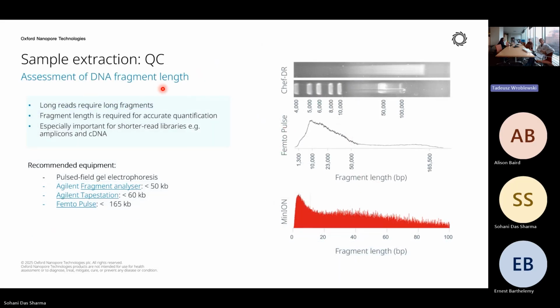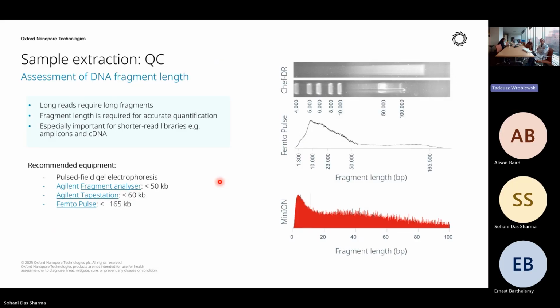Definitely, assessment of DNA fragment length is required. It can be done using Femto Pulse, which is probably the most accurate in my experience, but it is not available everywhere. TapeStation or Bioanalyzer is a good alternative, or standard gel running could be done as well.